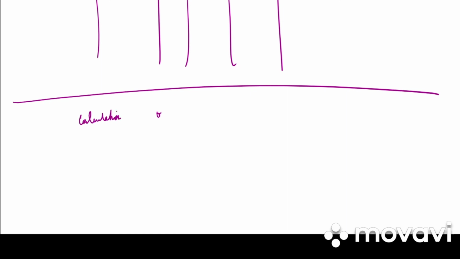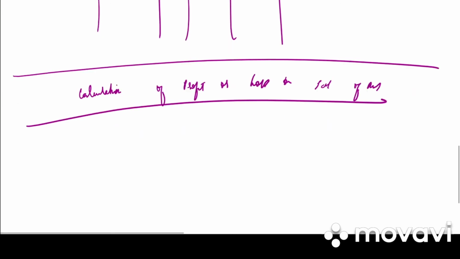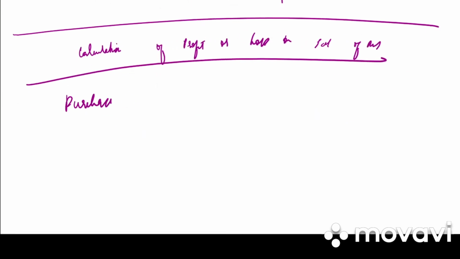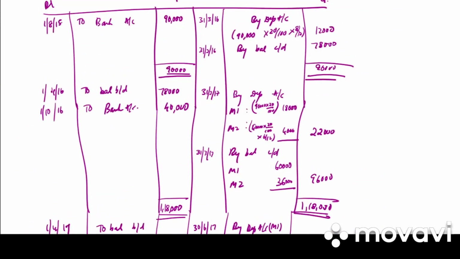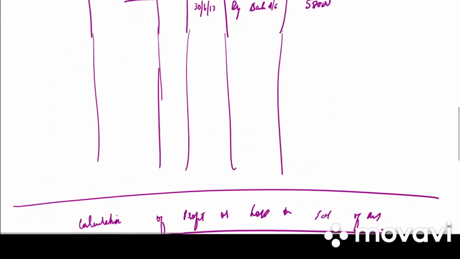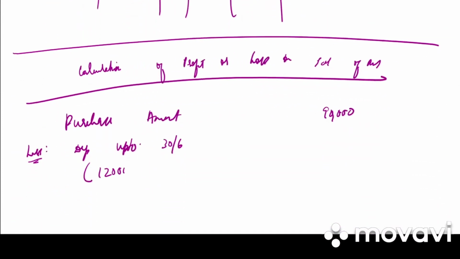But before that we need to calculate profit or loss. Calculation of profit or loss on sale of machinery 1. Purchase amount 90,000 less depreciation up to 30th June. How much is it? 12,000, 18,000 and 4,500, that is 34,500.